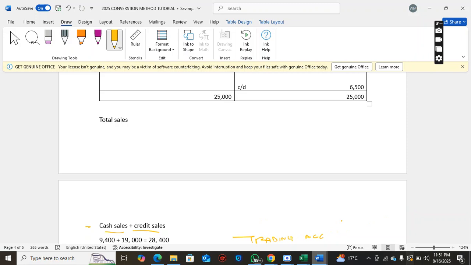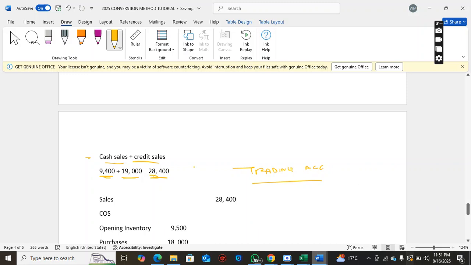Sales revenue. Okay. Yes, sales revenue. We've got this 28,400. Yes, cost of sales.